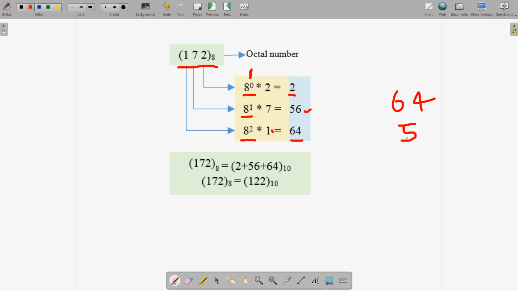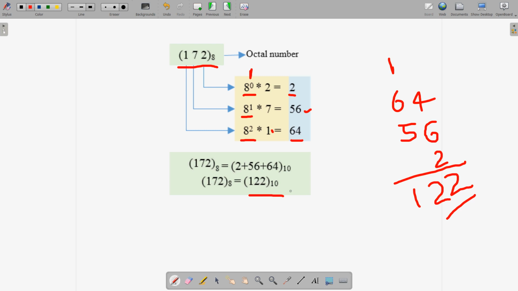Very easily you can add. So 6 plus 4 is 10, plus 2 is 12, plus 1. So 5 and 6, 6 sixes are 12, so that is 122. Here we have written the same. Clear? So this 172 in octal has the decimal equivalent 122. Clear? So this is the conversion of octal into decimal.